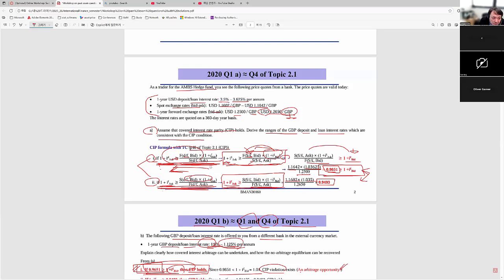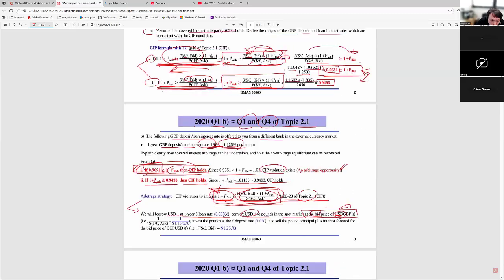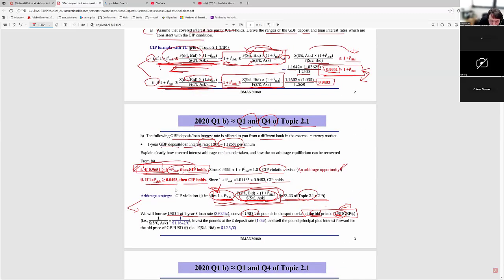We only have the bid and ask prices of GBP USD. So how do we get the bid price of USD GBP? Well, it's the reciprocal of the ask price of GBP USD, 1 divided by the ask price of GBP USD. You need to know that relationship from topic 1, right? So the bid price of USD GBP is this one.